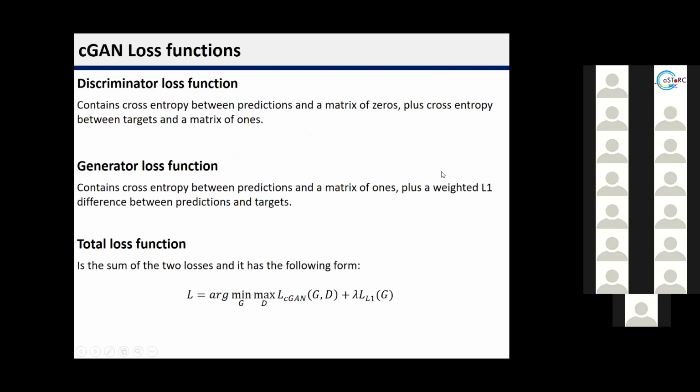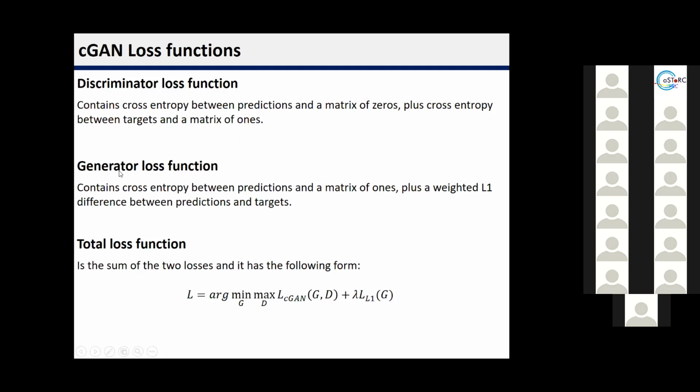We continue with some details about the loss functions of the two networks. The discriminator loss function contains a cross-entropy loss between predictions and the matrix of zeros, plus a cross-entropy loss between targets and the matrix of ones.